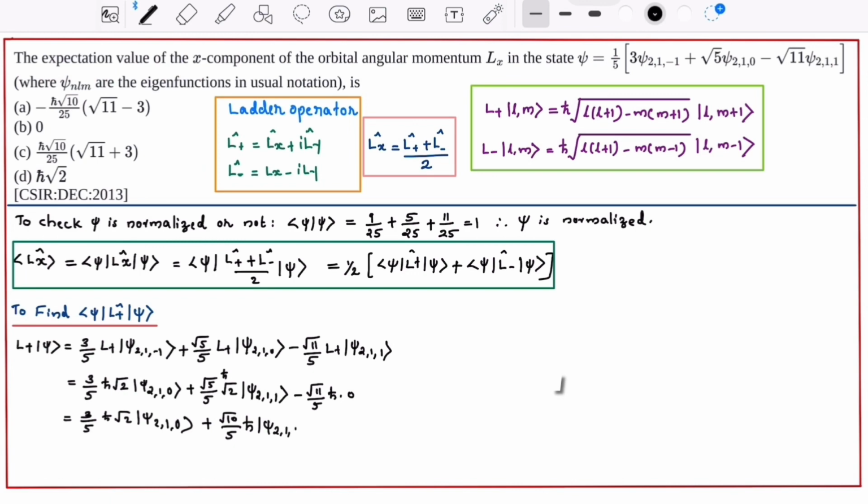Now what is psi L plus psi? Let us evaluate psi L plus psi, and this is equal to 3 by 5 h bar root 2 times root 5 by 5, the inner product of psi 210 with itself, plus root 10 h bar by 5, minus root 11 by 5, the inner product of psi 211 with itself.